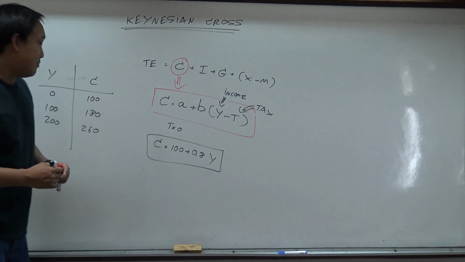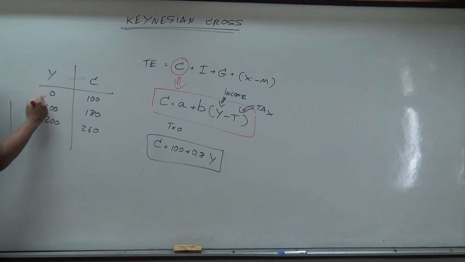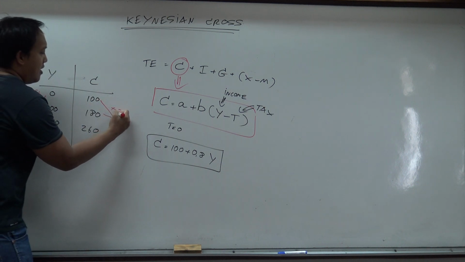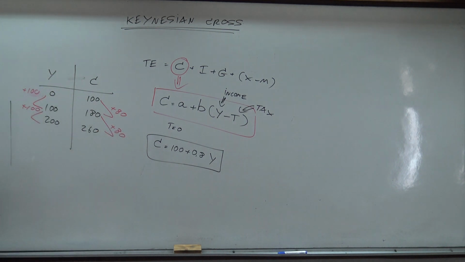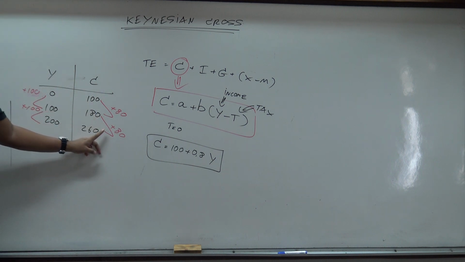What this means is that when you have more income, you're going to consume 80 more. Every time you have 100 more on income, you're going to spend 80 more on consumption.